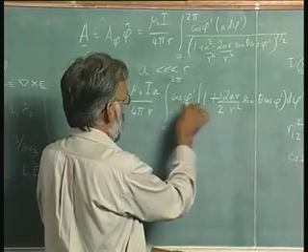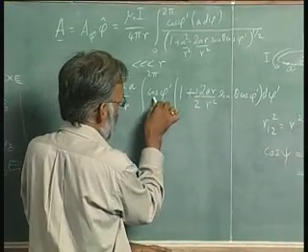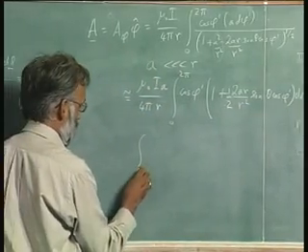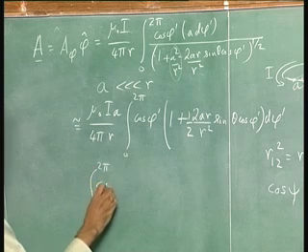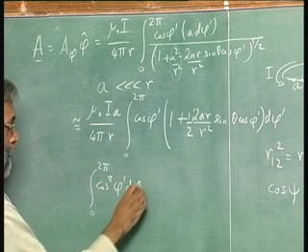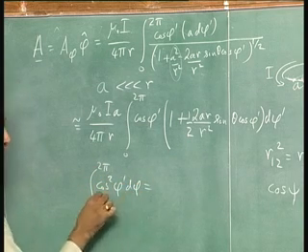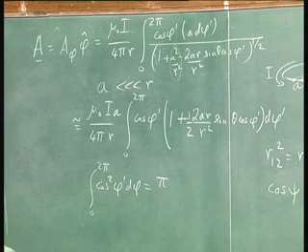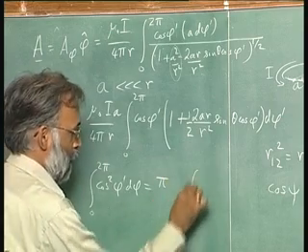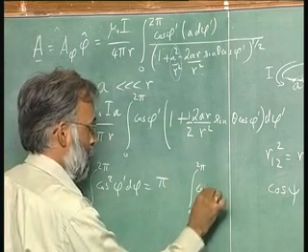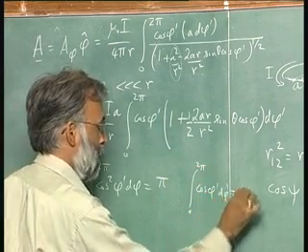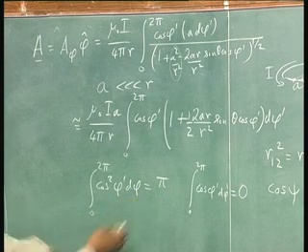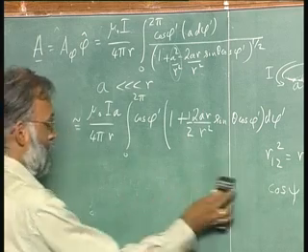So, this first term cannot give me anything, but the second term involves cos squared phi prime, and I know that integral 0 to 2 pi of cos squared phi prime d phi prime is equal to, this is the average half, so it is equal to pi, whereas integral 0 to 2 pi cos phi prime d phi prime equals 0. So, since I have this, I can simplify this integral completely.